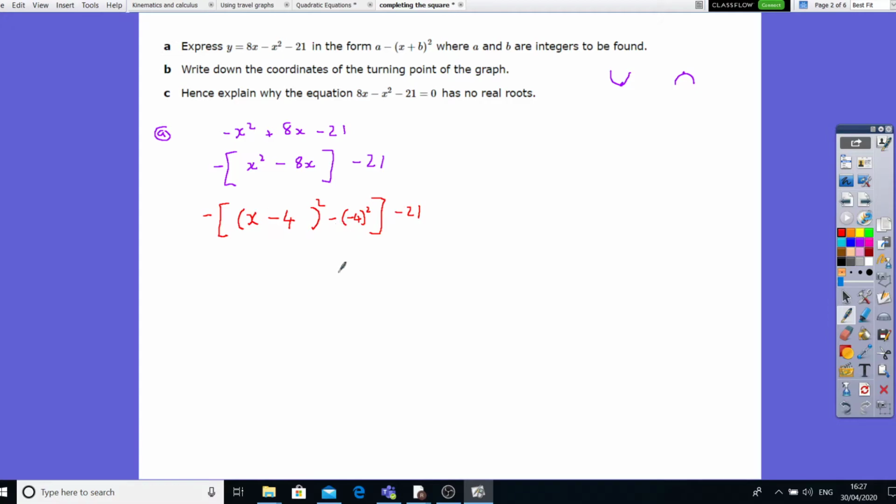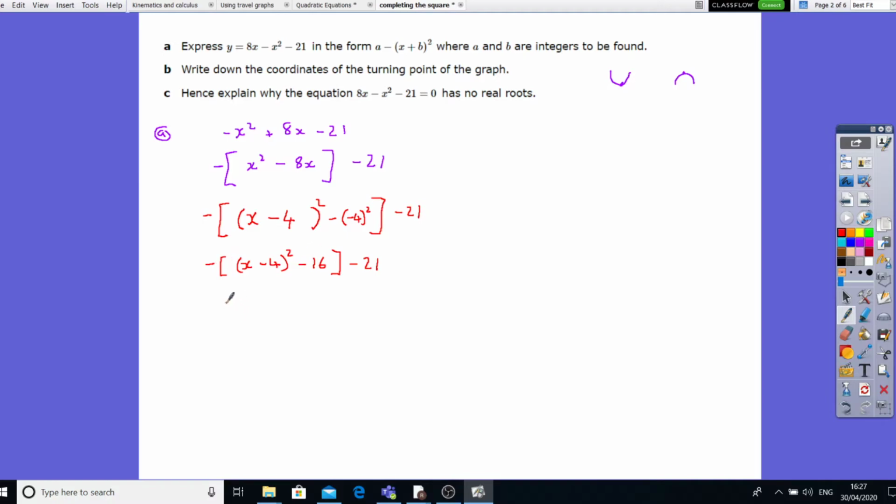All we need to do is brush this all up, and we get, keeping the minus outside at the moment, x minus 4 all squared. Minus 4 times minus 4 is positive 16, so you're minusing 16, and outside the bracket you've got minus 21. Now what you could do here is bring the minus in.